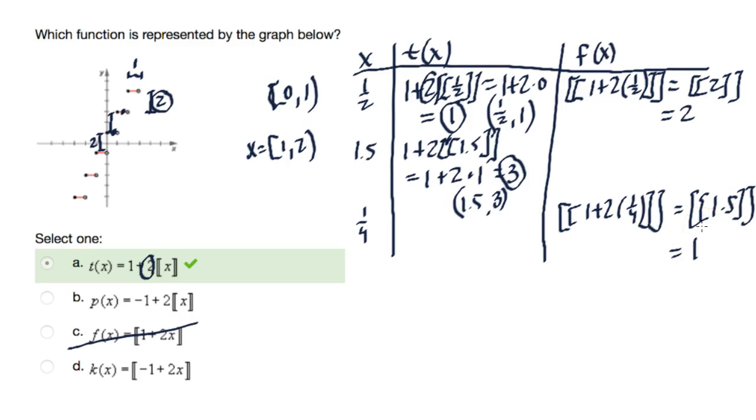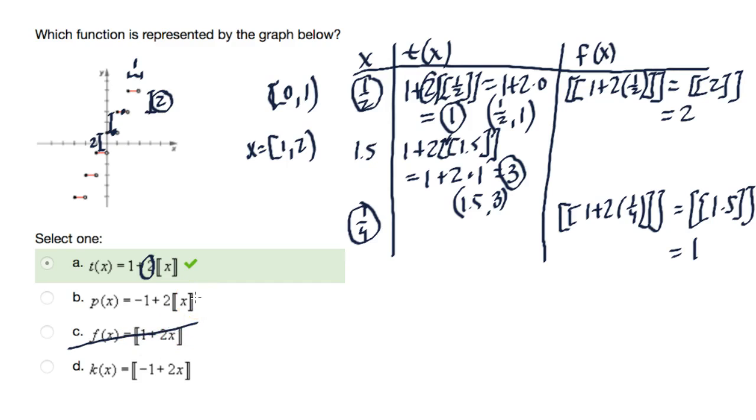So notice that even in the same interval, if we're comparing 1/2 and 1/4, they're both in the same interval, between 0 and 1. But notice that they ended up getting a different output. That's because of this 1 plus 2x.